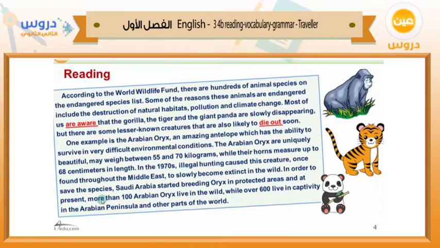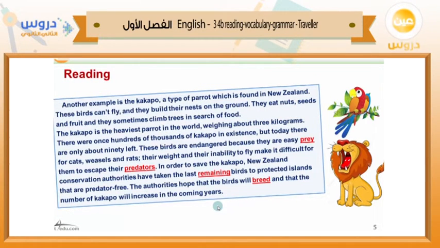At present, more than 100 Arabian oryx live in the wild, while over 600 live in captivity in the Arabian Peninsula and other parts of the world. The Arabian oryx is very famous in the United Arab Emirates, and it's the logo of the city which we call Abu Dhabi. It's actually a very beautiful animal.